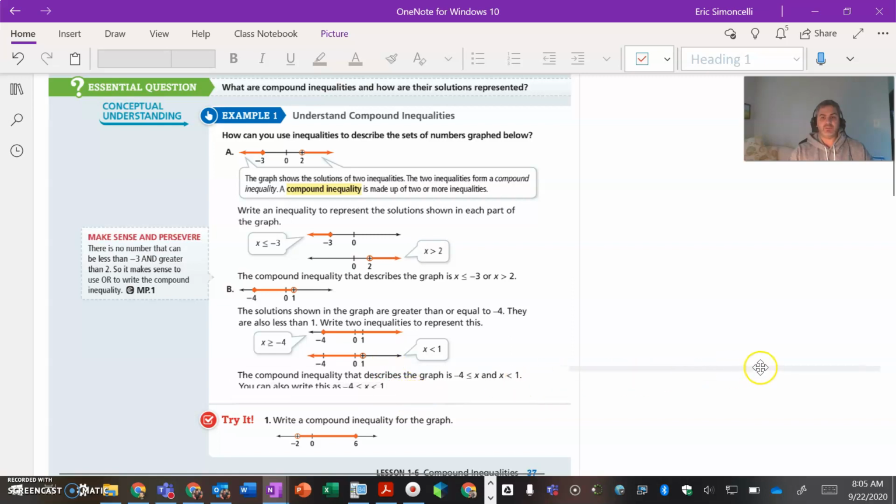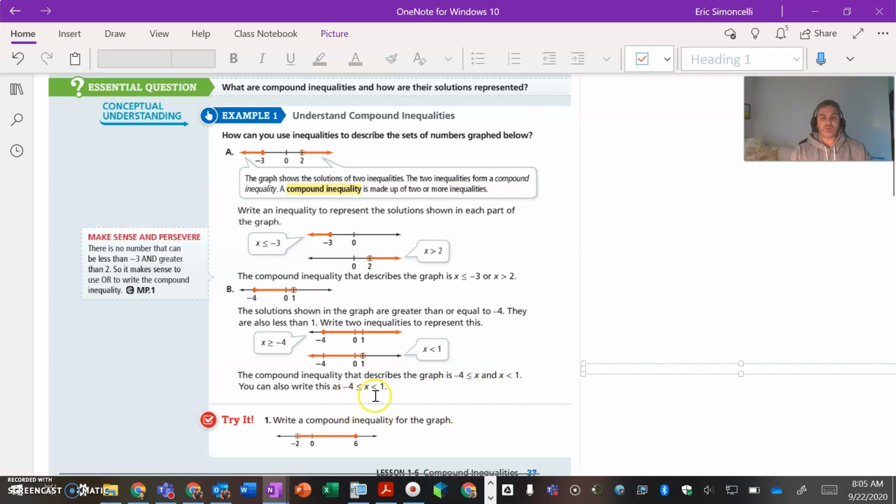So we have, as you see, -4 is less than or equal to x, which comes from this, and x is less than 1. So obviously that comes from that. Together we can write this as follows. So this compound inequality is actually not using the word or, combining the two, and that would be and.